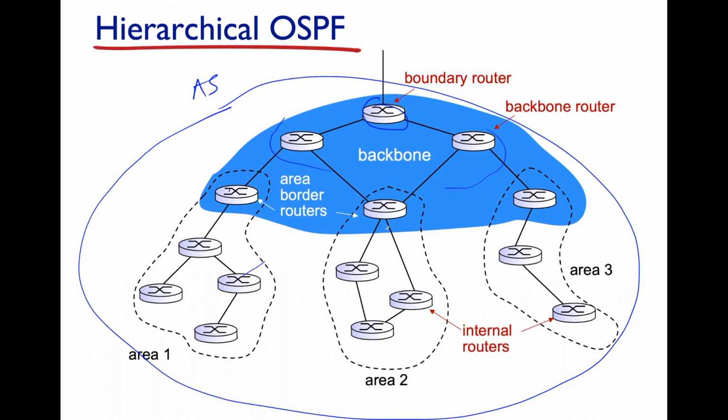In this case, we have 3 areas, and we stitch together these areas using the backbone routers, and the area border routers are how you get traffic onto and off of each area to and from the backbone. And then we attach the area to the network, this autonomous system, with a boundary router. So this boundary router is the border gateway for this hierarchical aggregation of the autonomous system using OSPF.